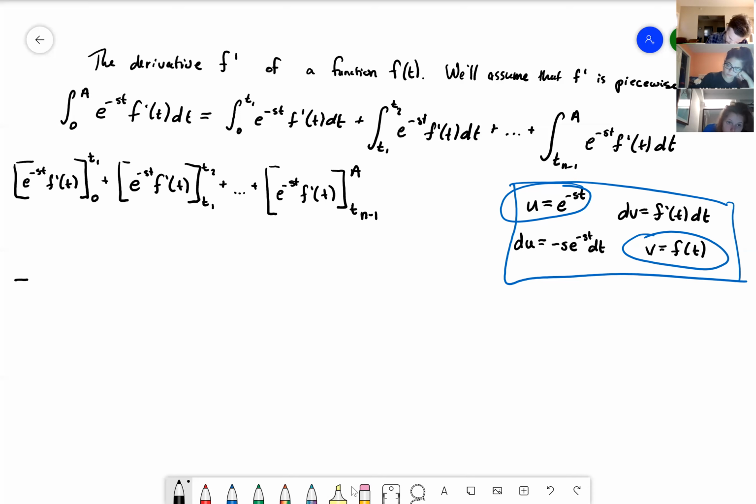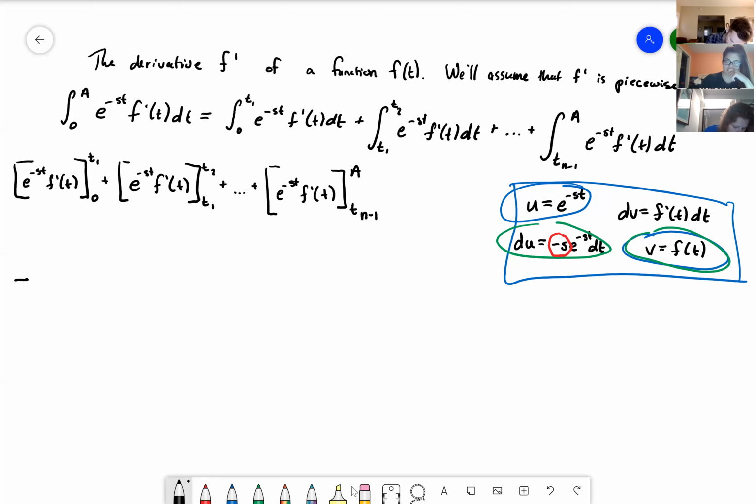Now I'll subtract from this the integrals of v du, grouping all these together as well. I'm going to factor out this minus s from all of them.